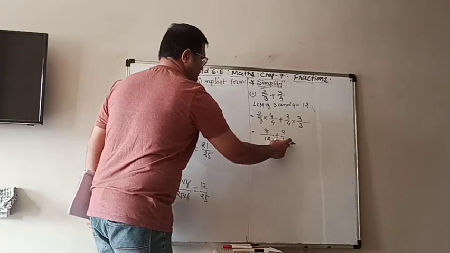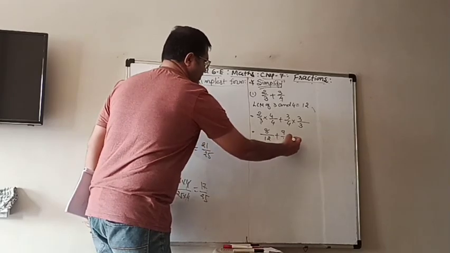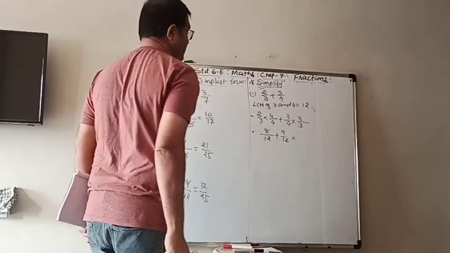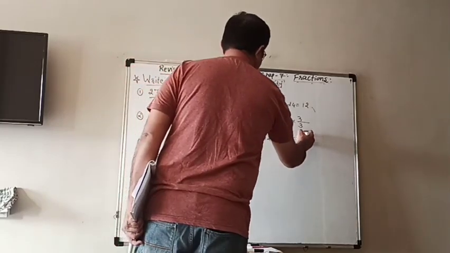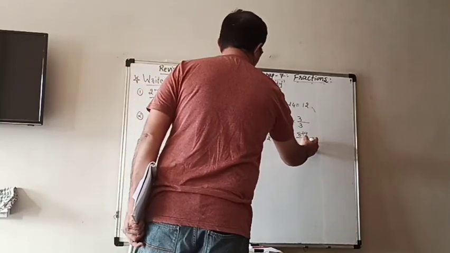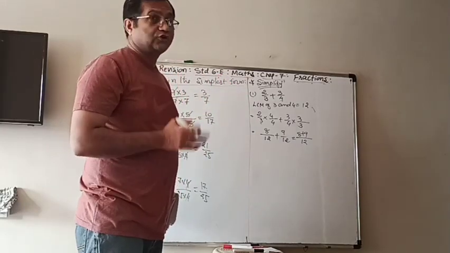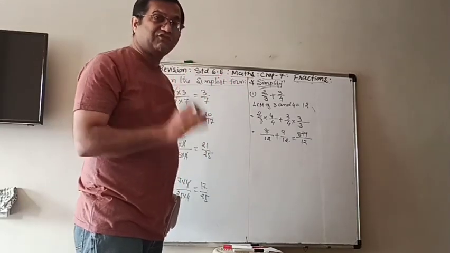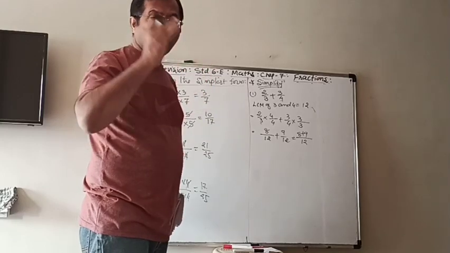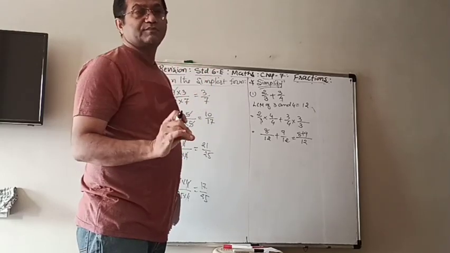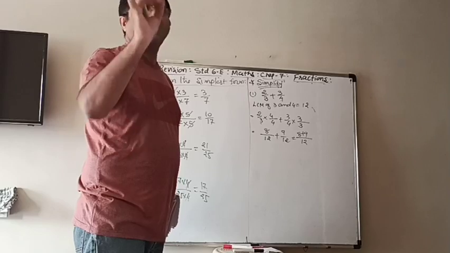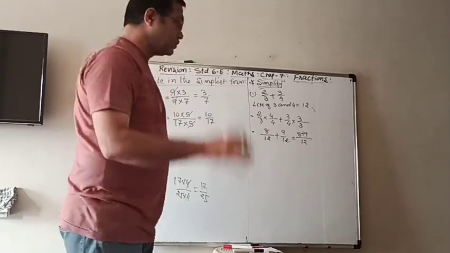Now you can see that denominators are equal. Now you can add them, but only the numerators. Don't do 12 plus 12 at the bottom also. 12 is not added. When they are like fractions, we keep the common denominator the same and only add or subtract the numerators.